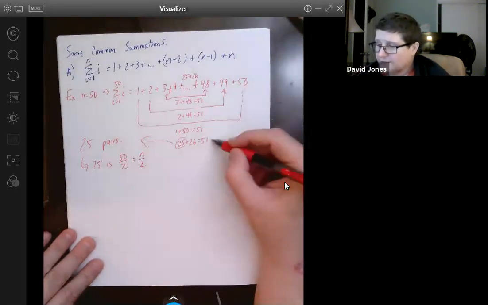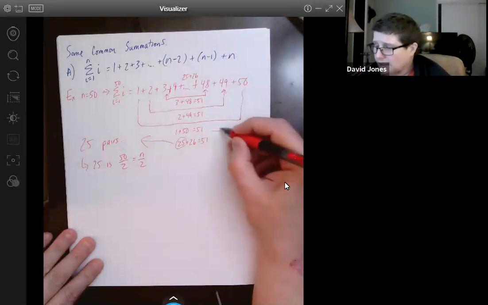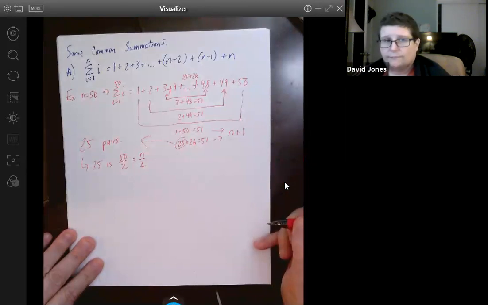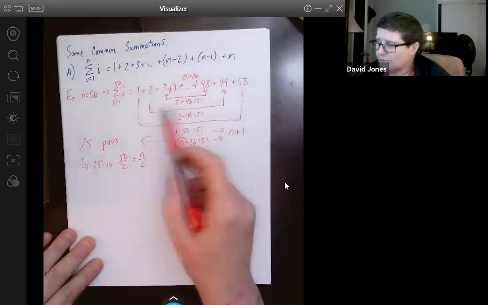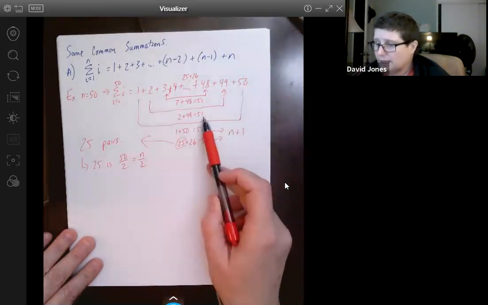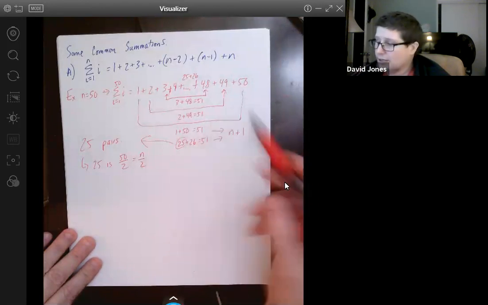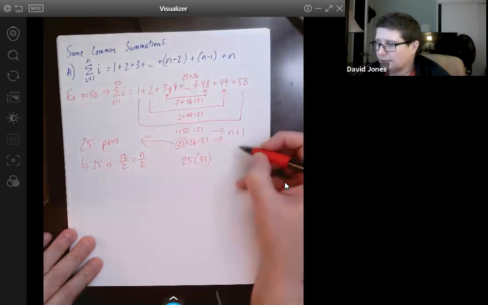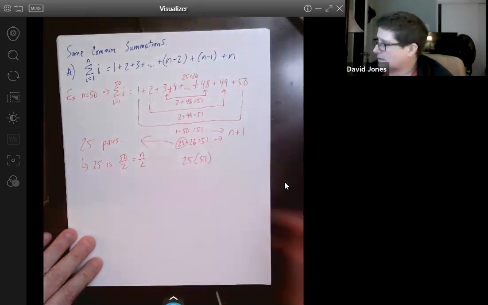Each of these is 51. Each of these is n plus 1. So what I'm doing is adding up 25 sets of 51, repeatedly adding the same number, as multiplication. This would be 25 times 51. Okay.